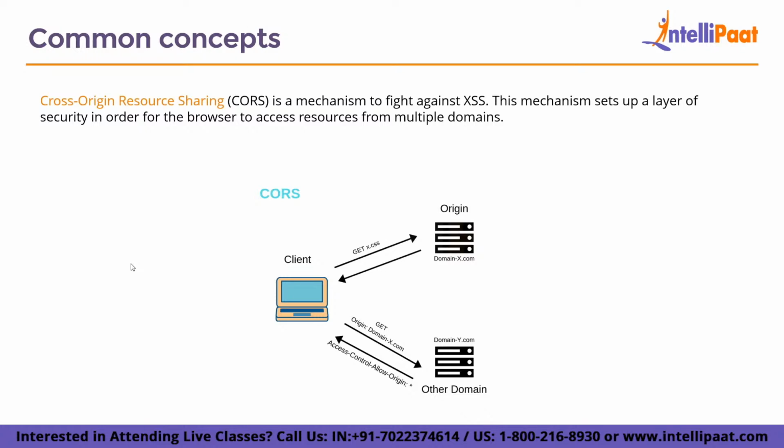CORS is a browser mechanism, that is, a client-side mechanism which enables controlled access to resources located outside of a given domain. It extends and adds flexibility to the SOP, the same origin policy. However, it also provides potential for cross-domain attacks. If a website's CORS policy is very poorly configured, it is vulnerable to cross-site scripting attacks.